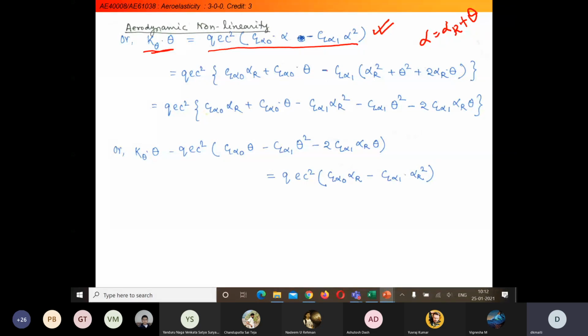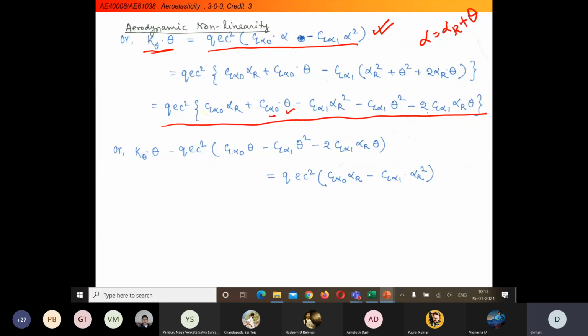After simplification, just multiplying with this, we will be getting q e c square, Cl alpha naught into alpha r plus Cl alpha naught into theta, and Cl alpha 1 multiplied by alpha r square minus Cl alpha 1 into theta square minus 2 Cl alpha 1 into alpha r into theta.